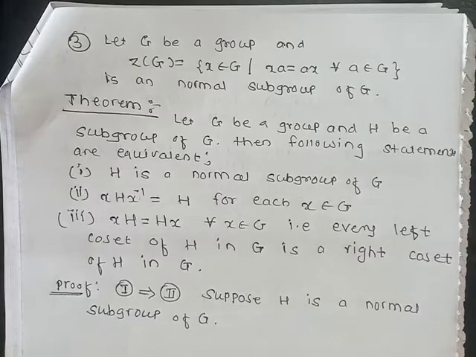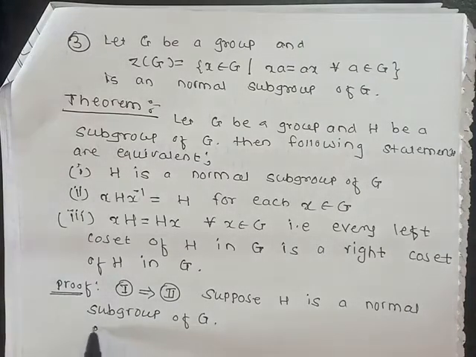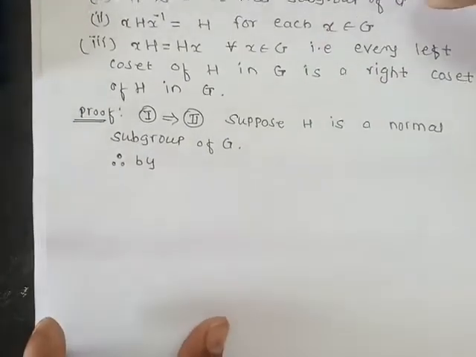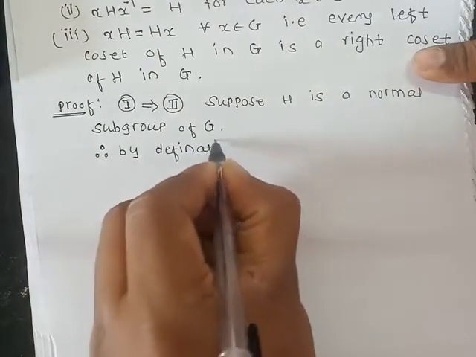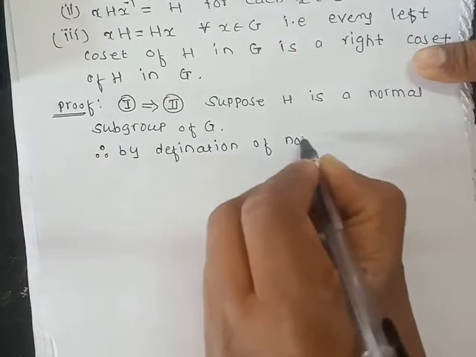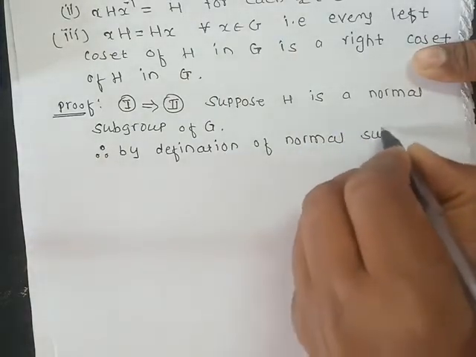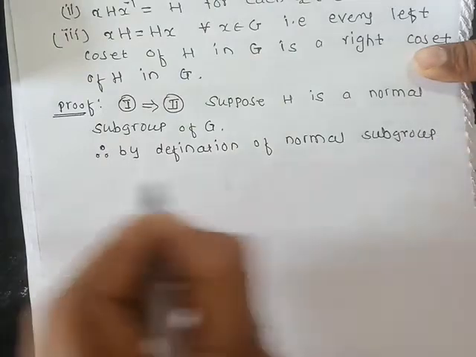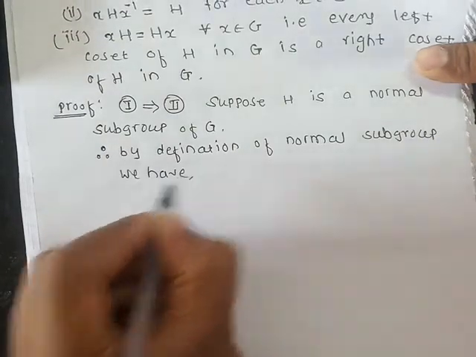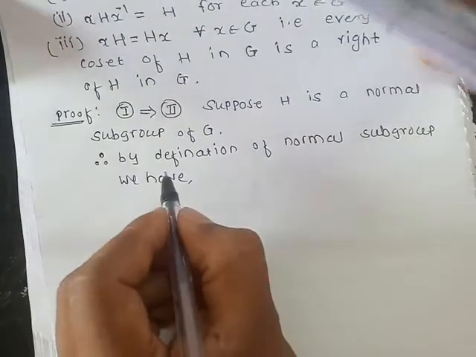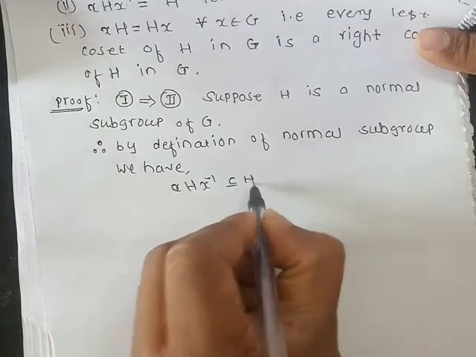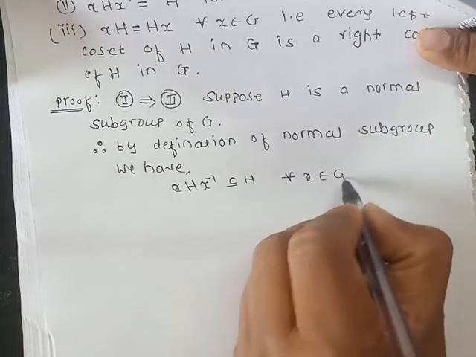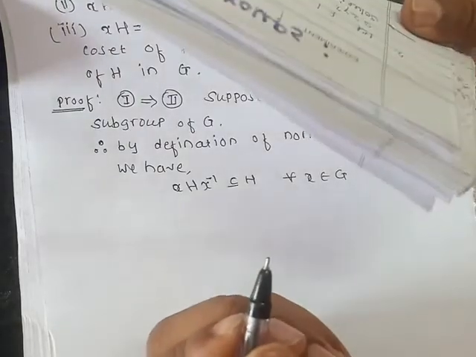Suppose capital H is a normal subgroup of G. Therefore, by the definition of normal subgroup, we have x H x inverse is a subset of capital H for all x belongs to G. Call this equation number 1.